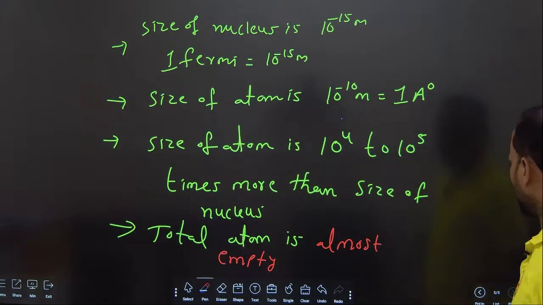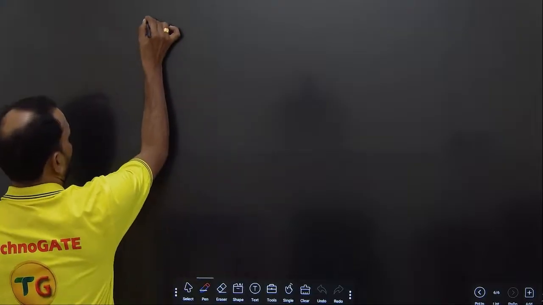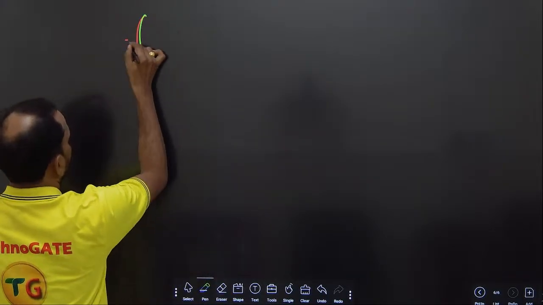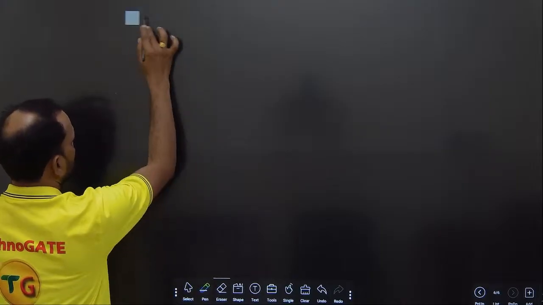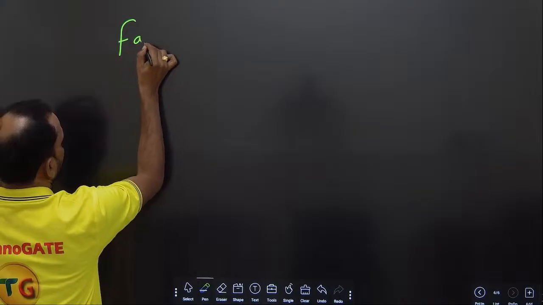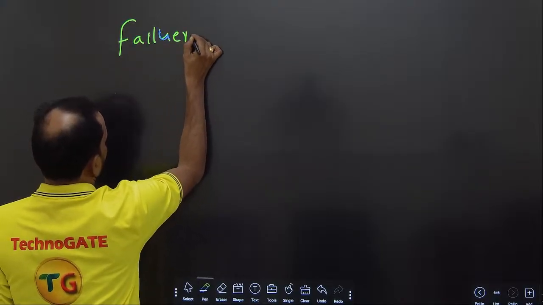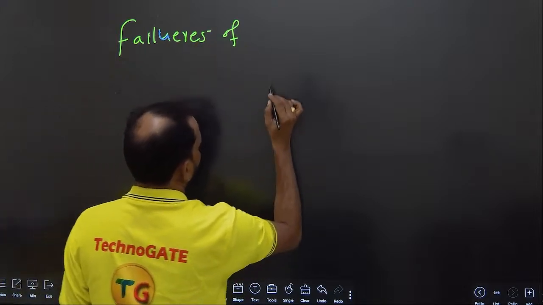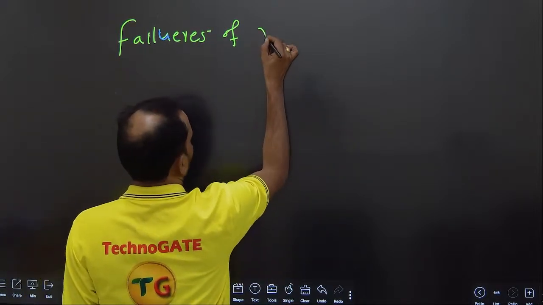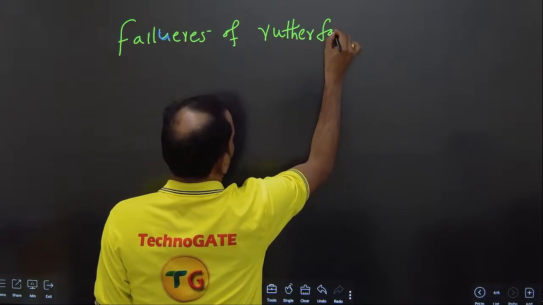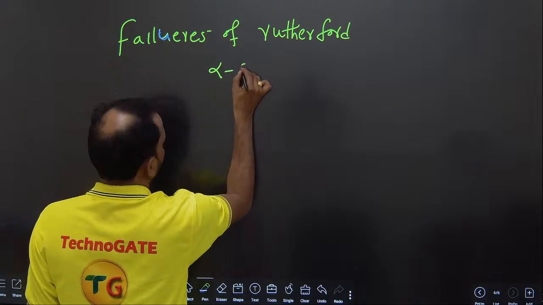And what are the demerits? What are the failures of the Rutherford alpha scattering?